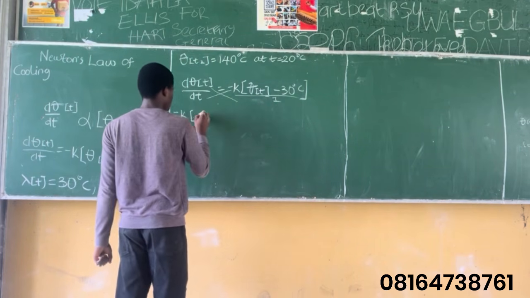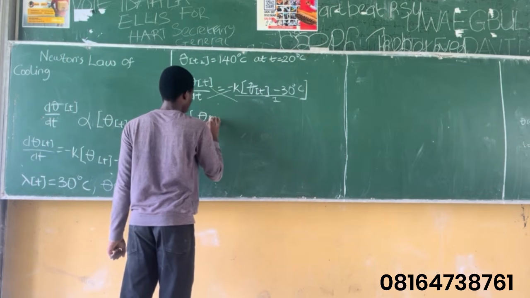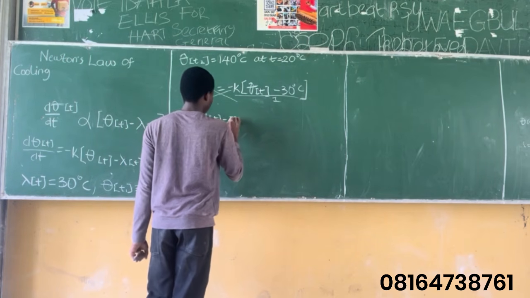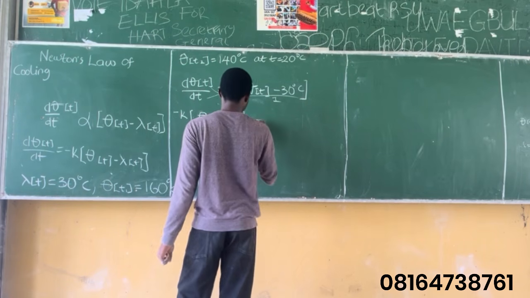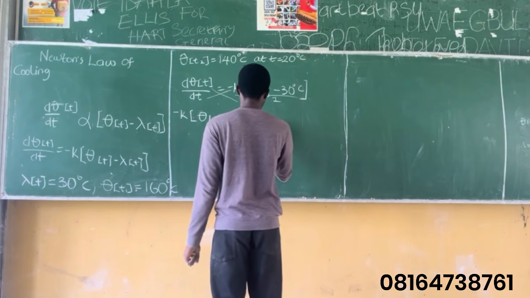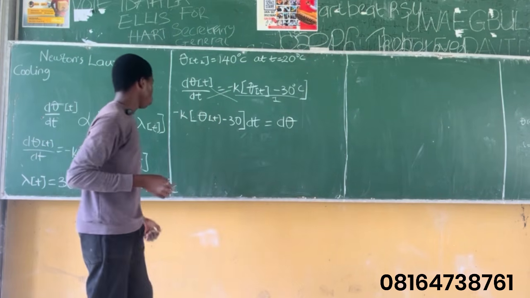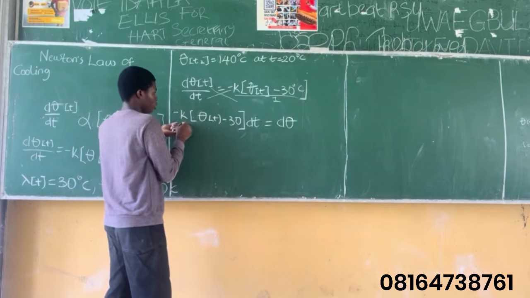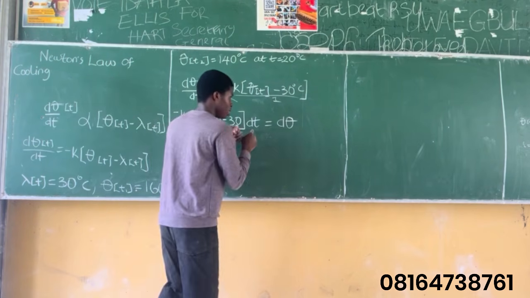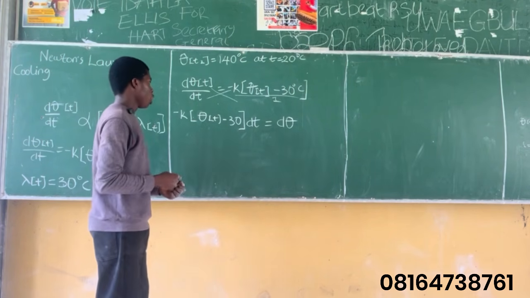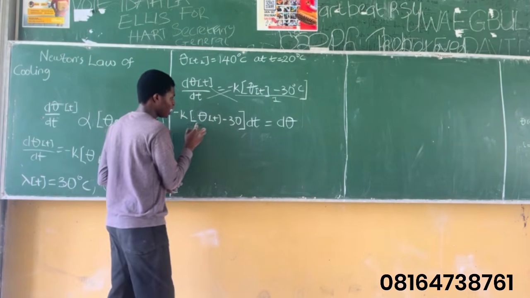So this dt, theta t minus 30 multiplied by dt is equal to the dθ. So now on this end, k is a constant and it does not have any t, and dt is a constant. The most logical idea now is to remove anything that has theta.